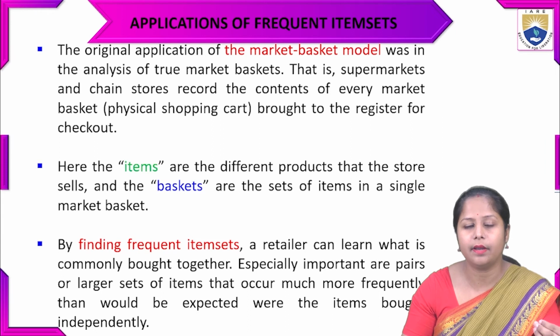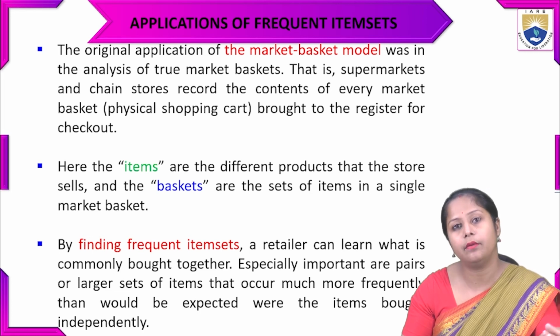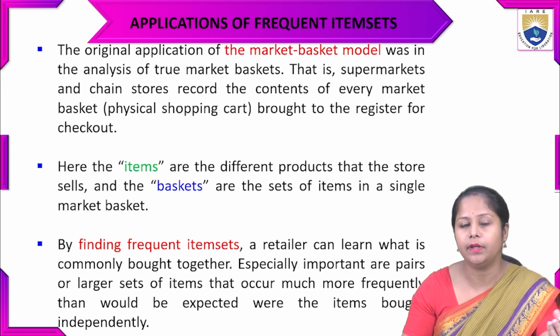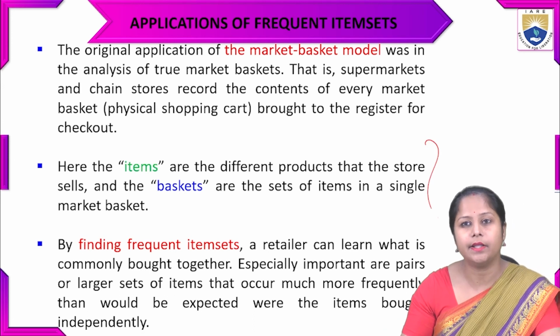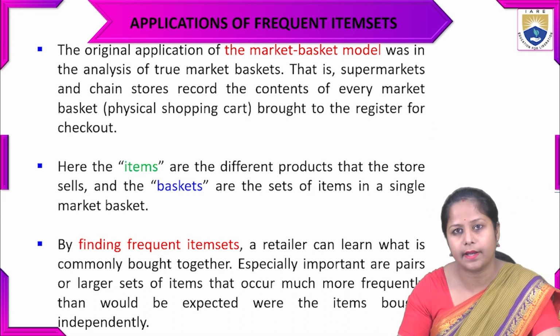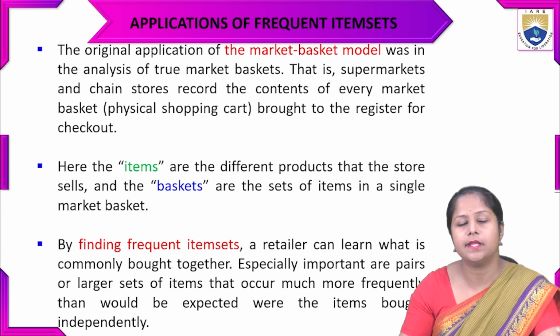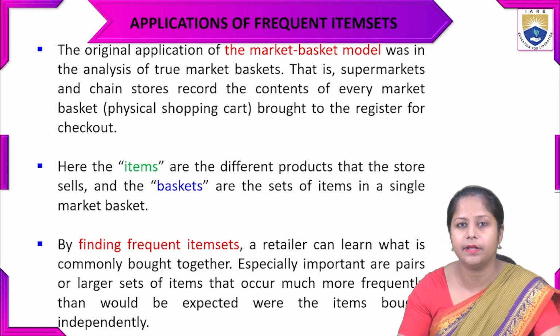If they are going to do that calculation, they have to go through each customer who has purchased the same items and compare each of the transactions. Here the items are the different products that the store sells, and the basket is the set of items in a single transaction.